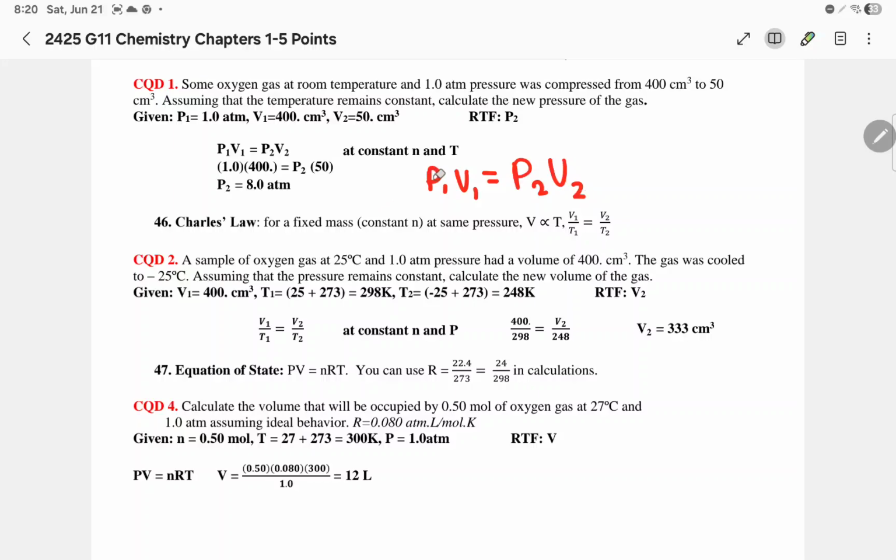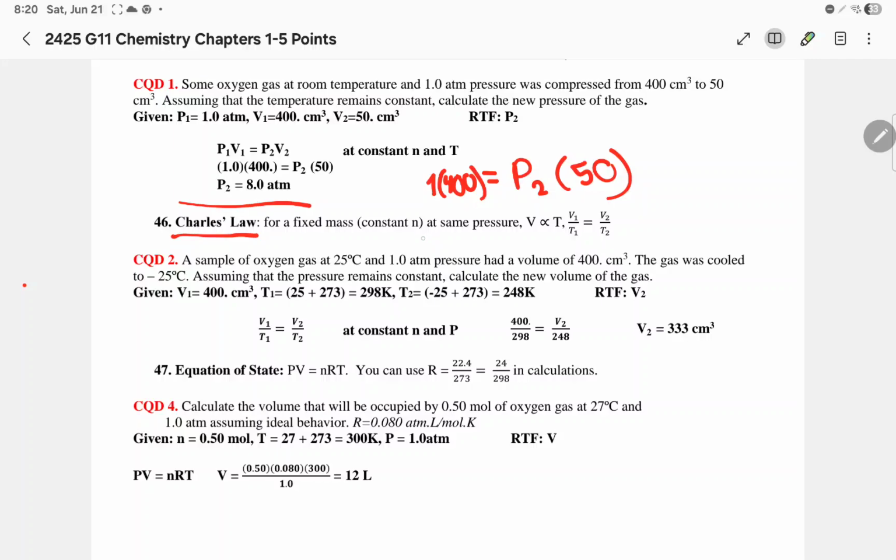So P1 was 1 atmosphere, V1 was 400, equals P2 V2. V2 was 50, right? 400 to 50, yeah. So what is it? It's 8 atmosphere. Simple math.